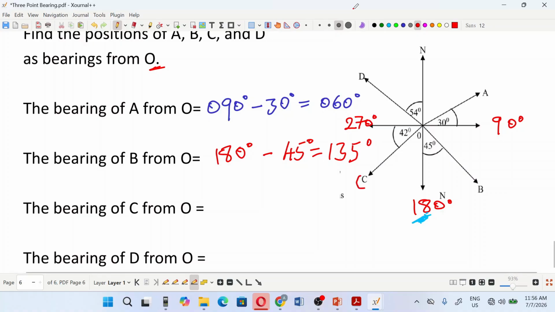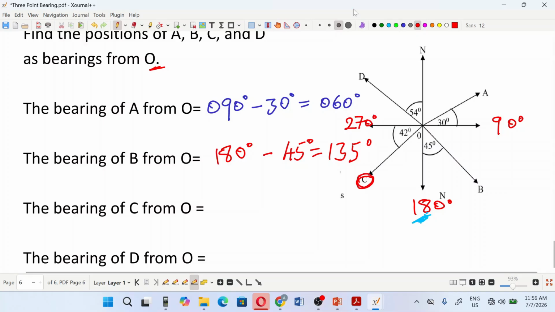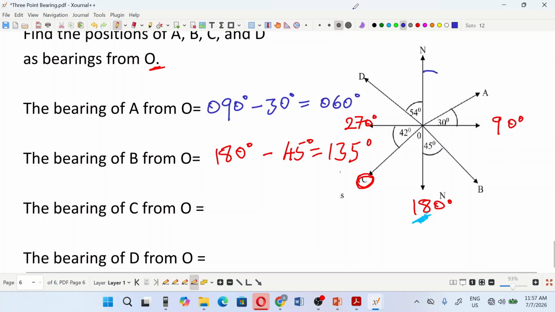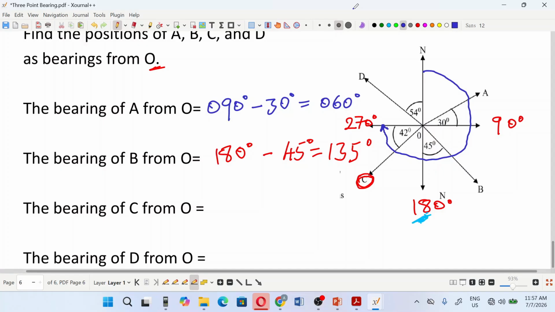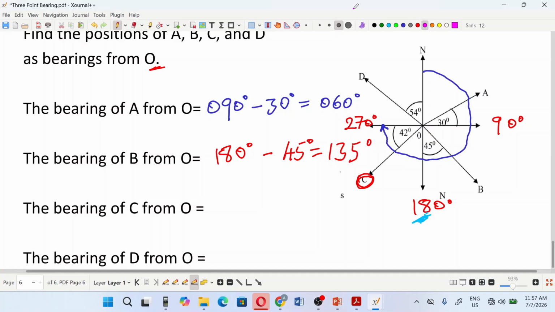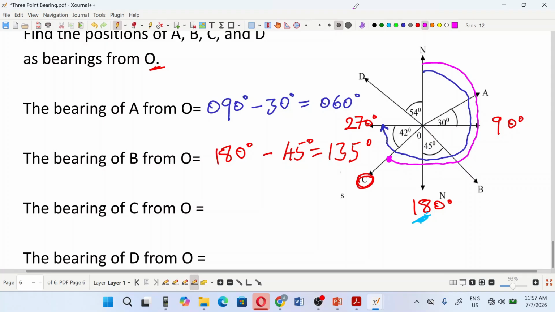And we want the bearing of C. So we know that if I'm to move from the north all the way here to this point, meaning I've turned 270 degrees. But I don't want the whole of that. I just want it to this part. Let me use a different color. I only want it to this part, from this point to this point, which is in this other color.